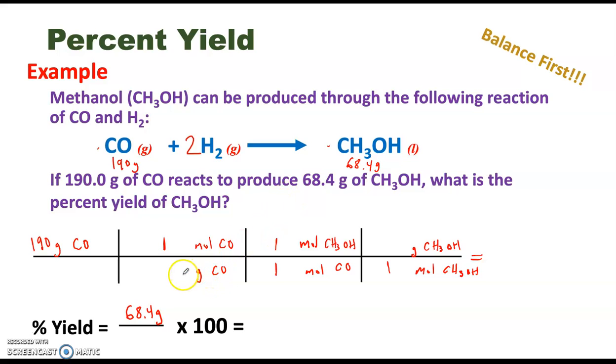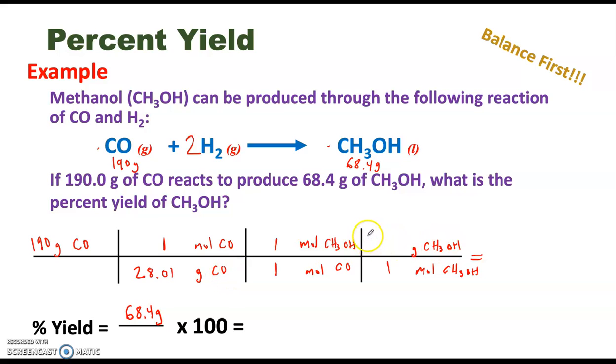And then how many grams are in 1 mole of CO and how many grams are in 1 mole of this? I'm actually going to pause the video, solve these, and then I'll write them in to save you some time. So I added up the molar masses. This ends up being 28.01 grams per mole by adding up carbon and oxygen.